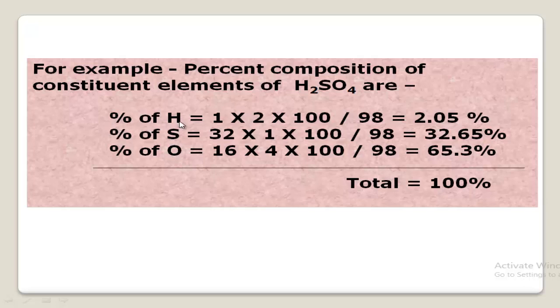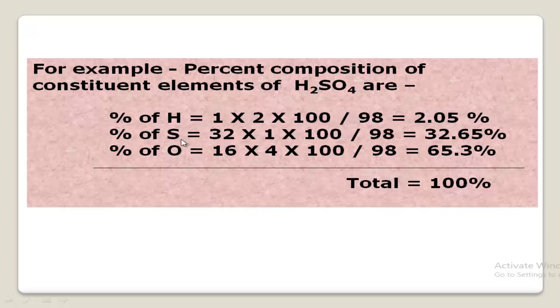So percentage of hydrogen equals atomic mass of hydrogen, that is 1, times number of atoms, here 2 hydrogen atoms are present, so 2, times 100 divided by molecular mass of the compound, that is 98. So the percentage composition of hydrogen out of 98, the total mass of the compound, is 2.05%.